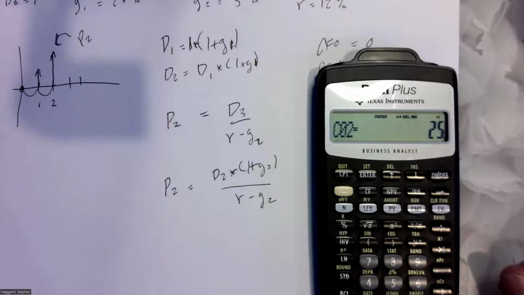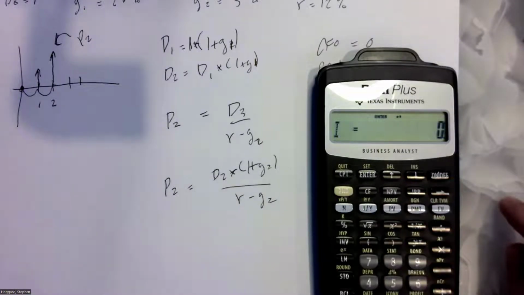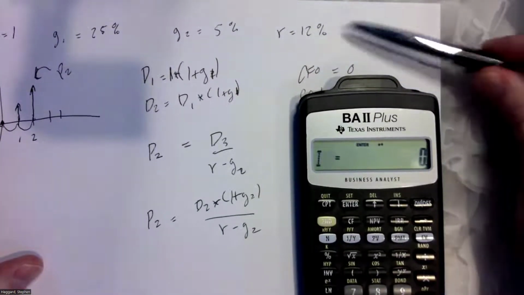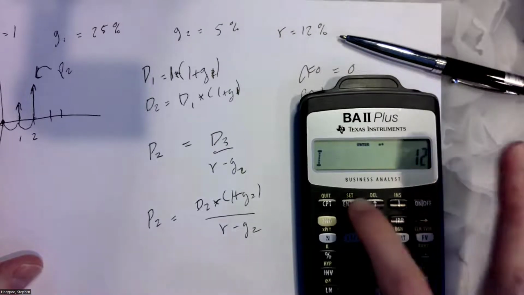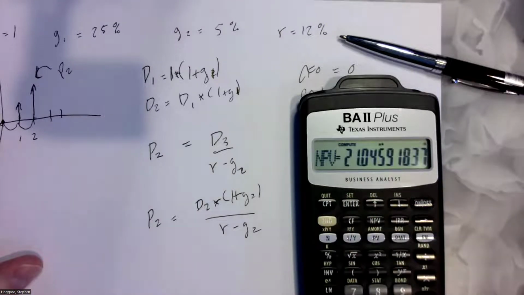We're going to go second, net present value. Okay, we don't have to hit second, but you're absolutely right. We're going to hit net present value. And what will we put in for I? Would it just be the return here? Mm-hmm. We're going to hit 12, enter, arrow down, compute. So that tells me that the answer is $21.05.